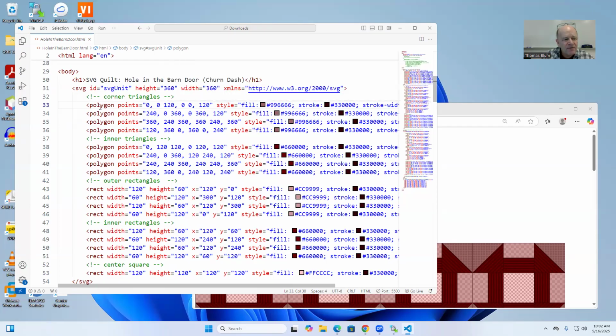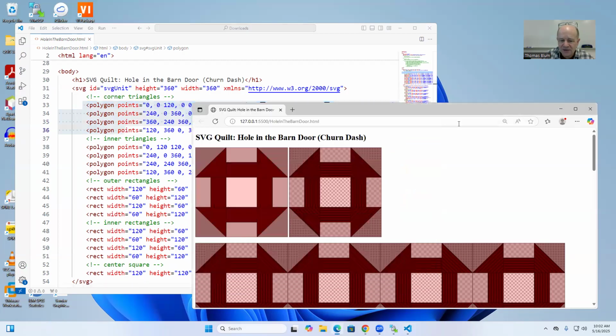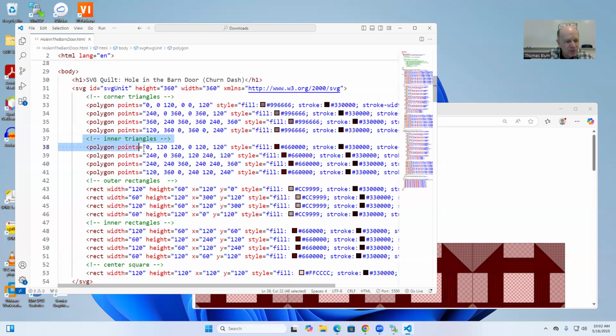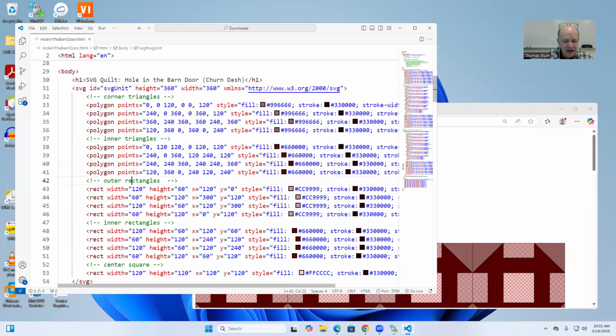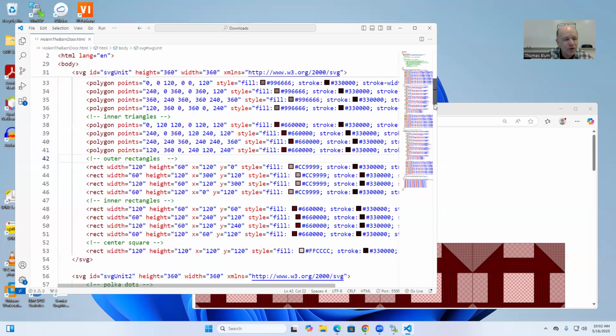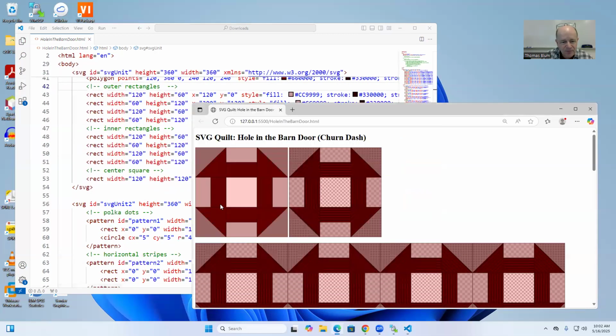And I have four polygons, triangles, and these are the outer ones. So seen here. Then I have what I'm calling the inner triangles, so they only touch the outer edge at a point. That is these darker red ones. Then I have what I'm calling the outer rectangles.